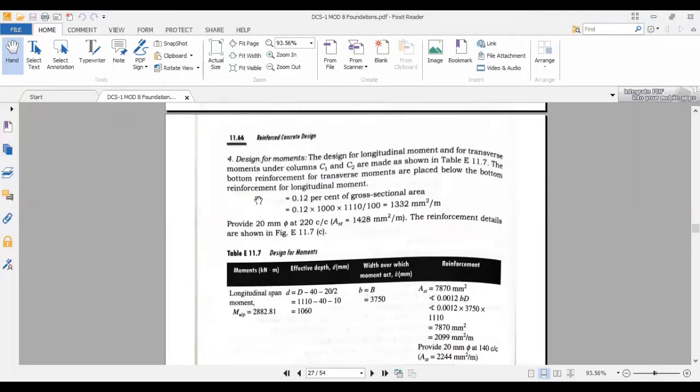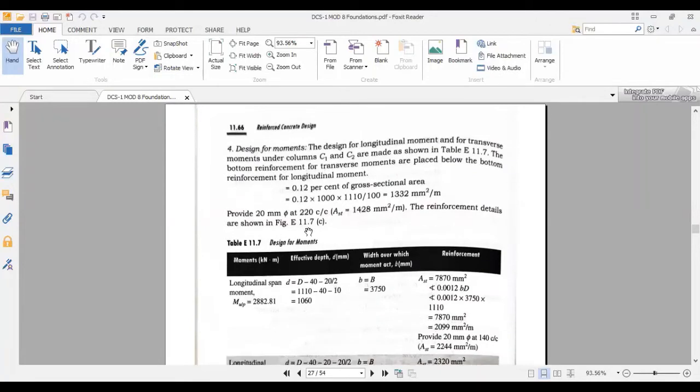Design for longitudinal moment and for transverse moment under columns C1 and C2 are made as shown in this table. The bottom reinforcement for transverse moments is placed below the bottom reinforcement for longitudinal moment, and it is given by 0.12% of gross cross-sectional area.